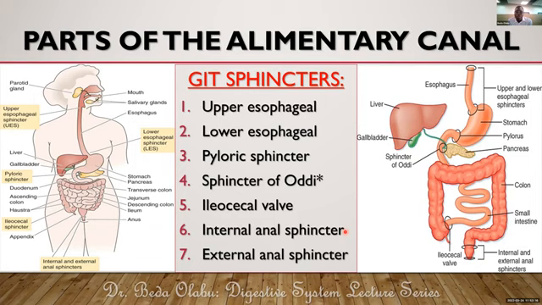If it's involuntary, it means that you don't have conscious control over it, and so it's coordinated by the autonomic nervous system. But then we have another sphincter, which we call the external anal sphincter. The external anal sphincter is voluntary, meaning it's made up of skeletal muscles, and so you have conscious control over it. And it's good that both sphincters are there.